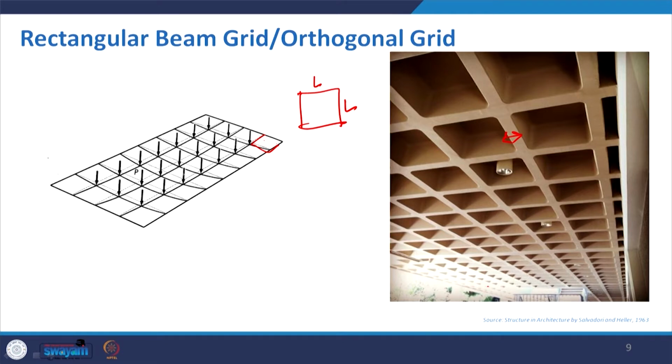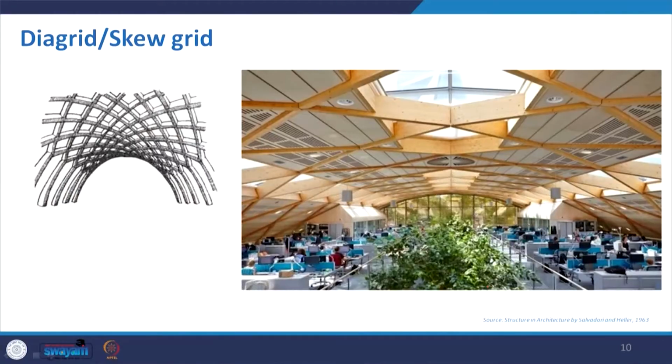So, many government buildings earlier, for their canopy, have used this kind of rectangular beam grid or orthogonal grid. Proceed with the diagonal grid. Here you can see that the grid is placed in the form of an arch and they are crossing each other.